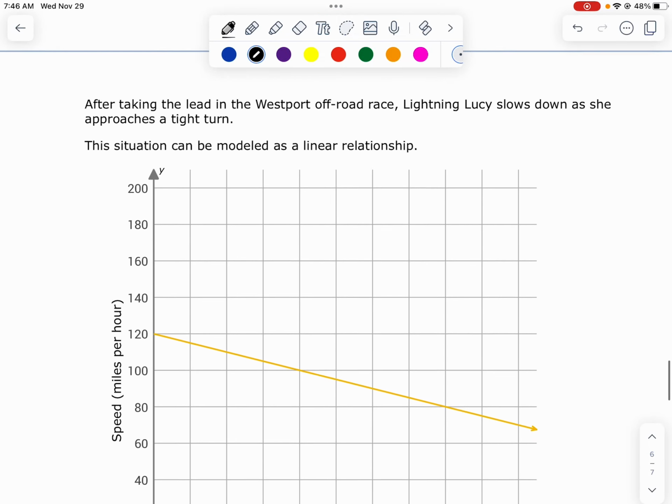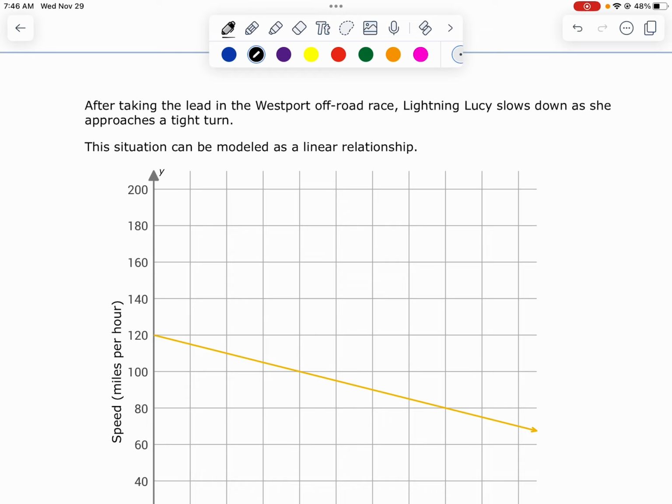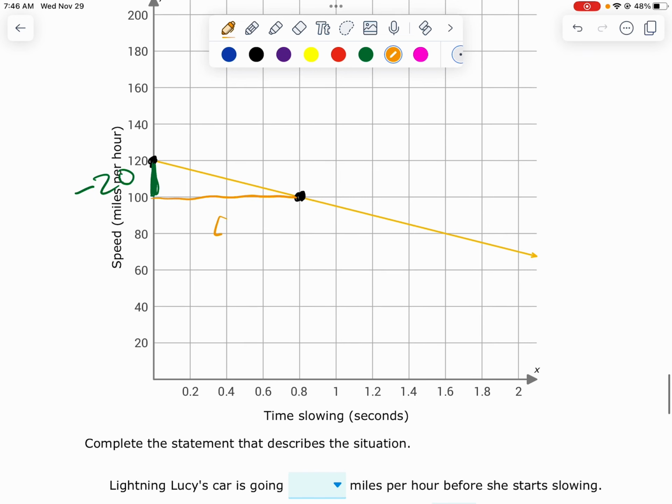Number 6. Okay. I have a point here. It went from 120 to 100, so negative 20. Across, this gets me 0.8.